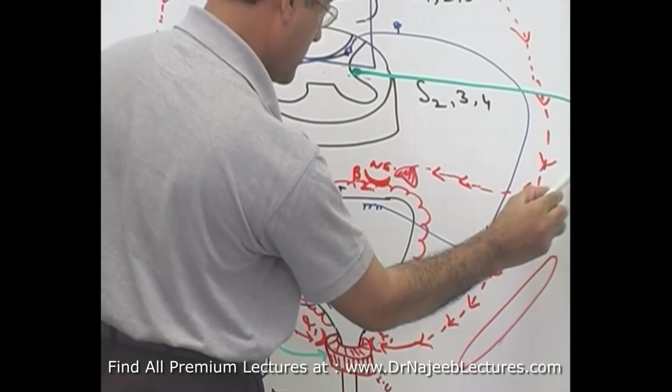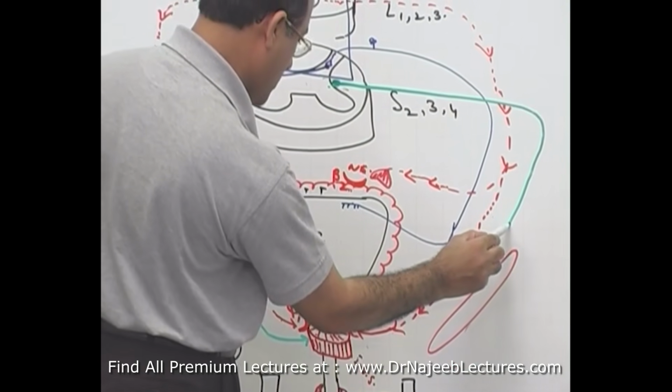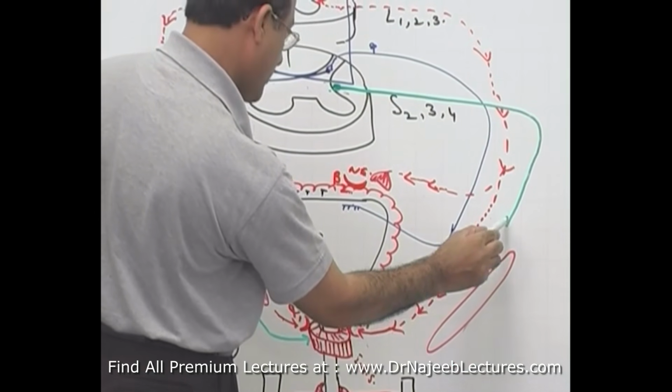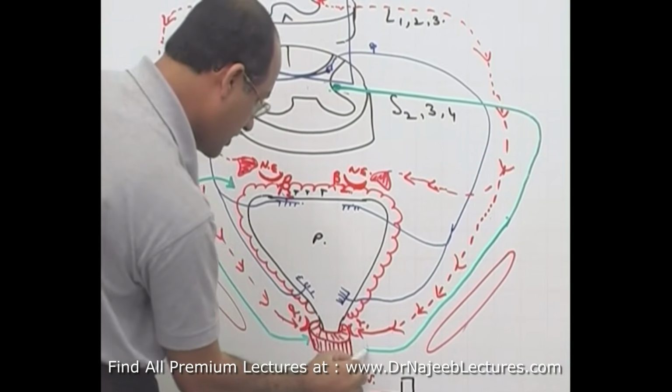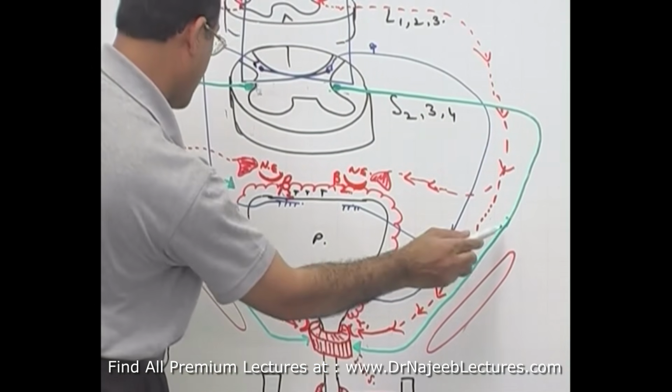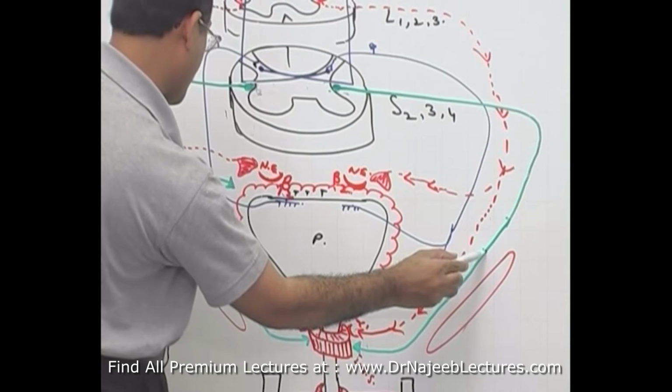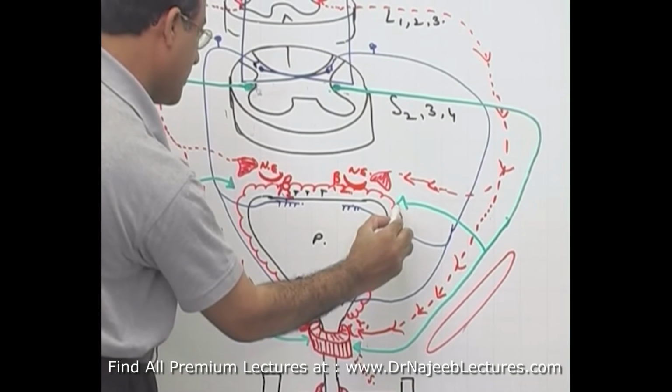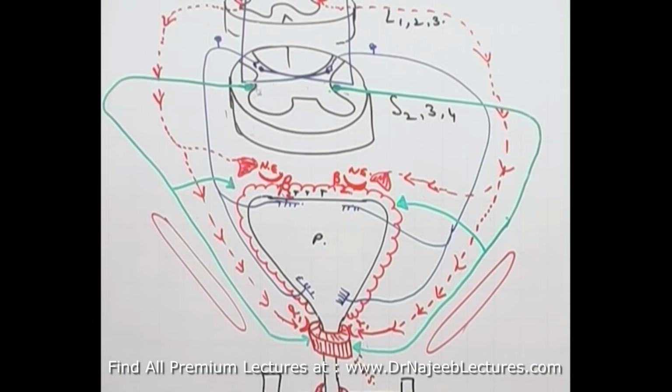Parasympathetic fibers have to come out and go to the internal sphincter, as well as to the detrusor. This is the parasympathetic outflow, right?